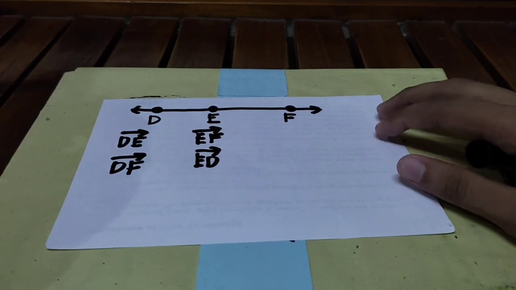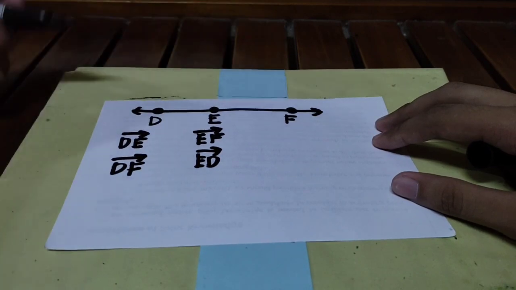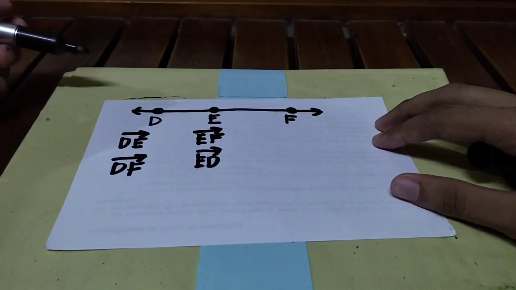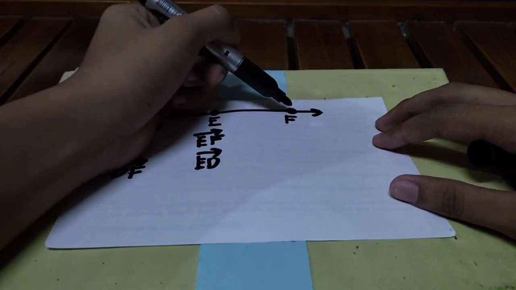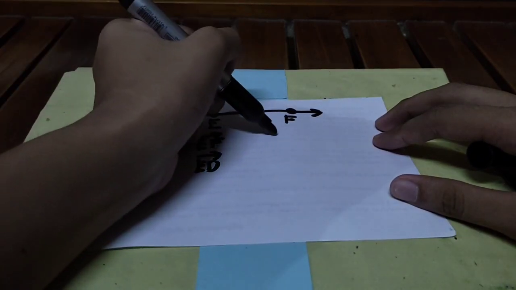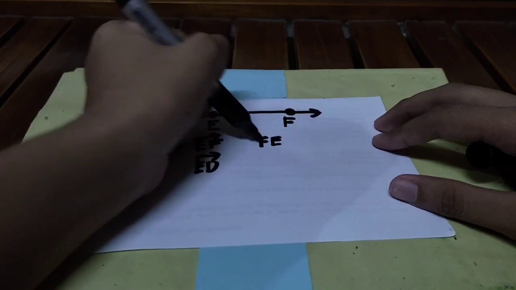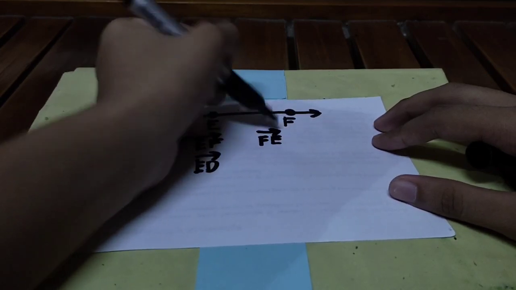And for the third one, if we have this endpoint or the terminating end, which is the point F, we have ray FE.